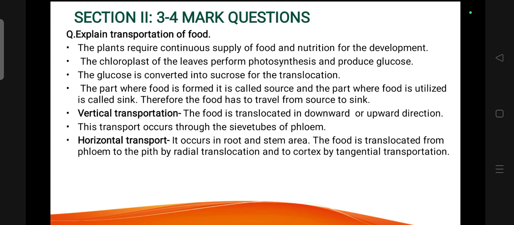Vertical transportation: the food is translocated in downward or upward direction. This transport occurs through the sieve tubes of phloem. In horizontal transport, it occurs in root and stem area. The food is translocated from phloem to the pith by radial translocation and to cortex by tangential transportation.